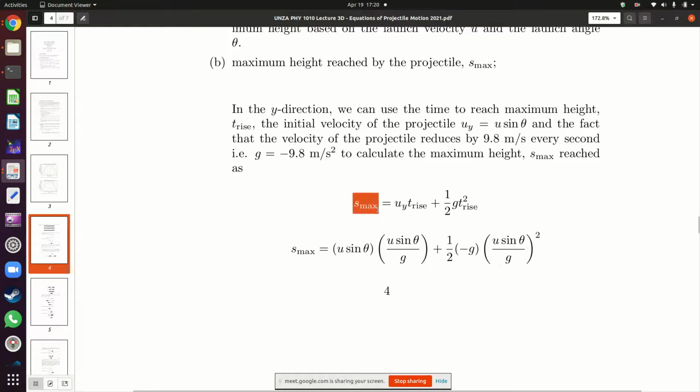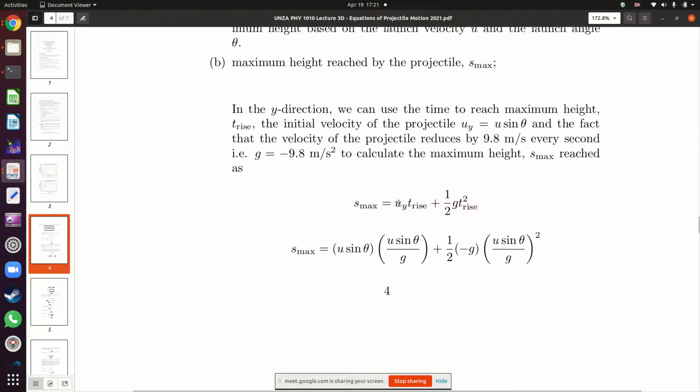S max, which is maximum height, is equal to the initial velocity in the y direction multiplied by the time it took to reach maximum height, which is t rise, plus half g t rise squared. Our g in this case is minus 9.8 meters per second squared, so instead of writing g, we're going to write minus g, and we replace uy with its component and t rise with the value we have found.